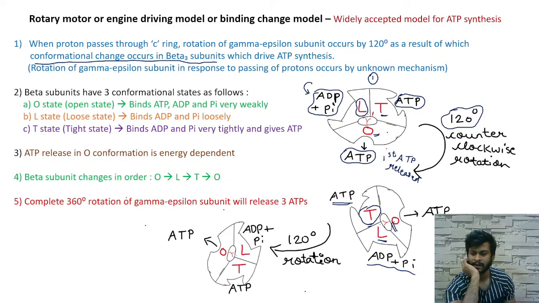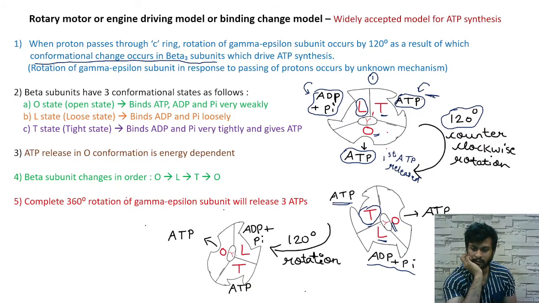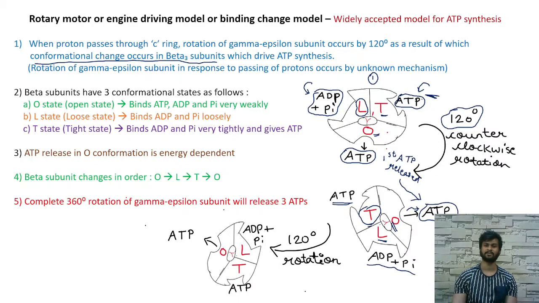In O state, it will release. Previously there was ATP in tight state, so it was tightly holding it. But when due to rotation the T state gets converted to O state, this ATP will be released. So due to 120-degree rotation, this first ATP is getting released.